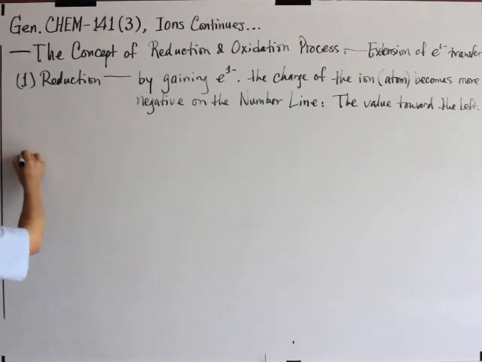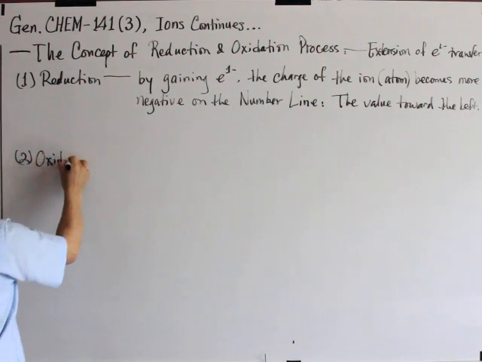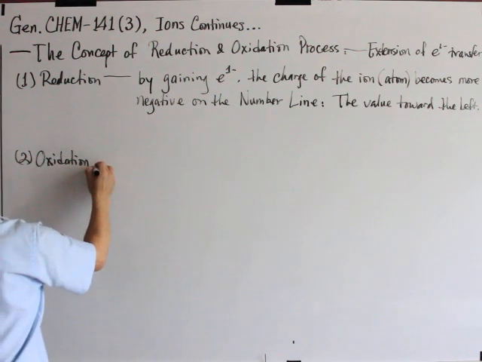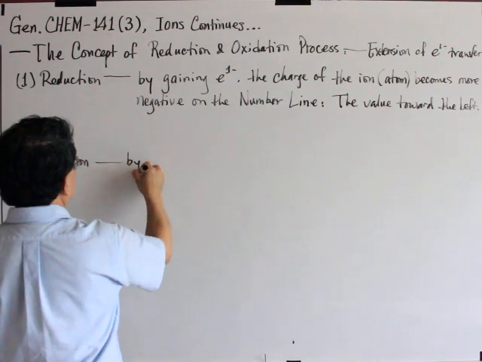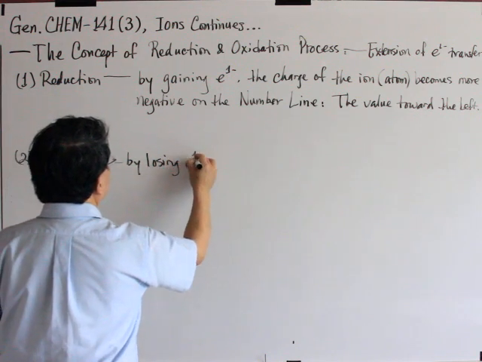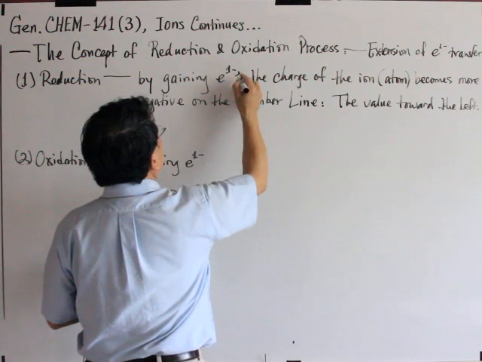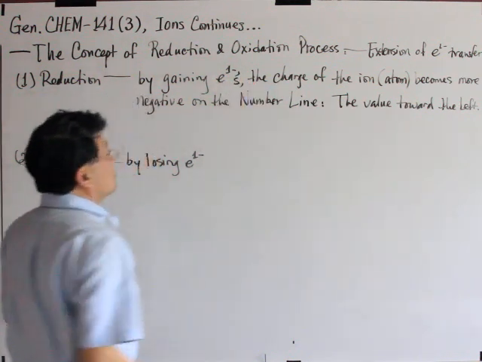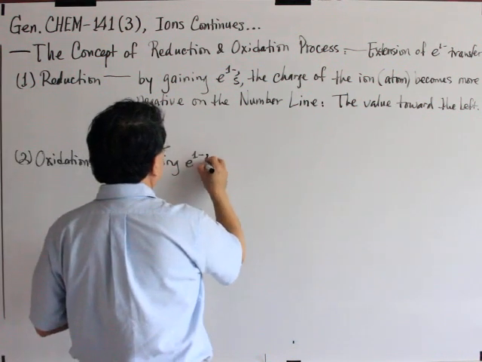Now the second concept is oxidation. Oxidation is defined as by losing electrons. Let's put an apostrophe s here, so not only one electron we deal with, we may deal with more than one electron.